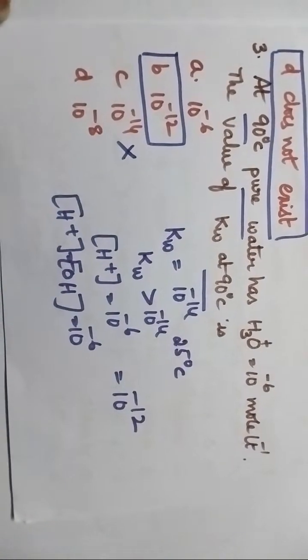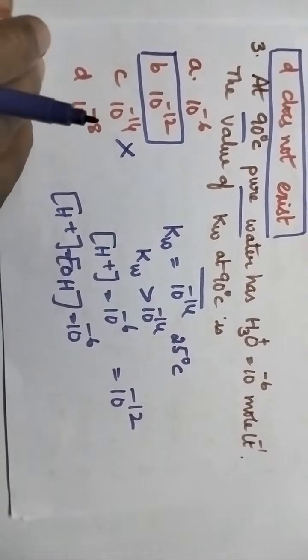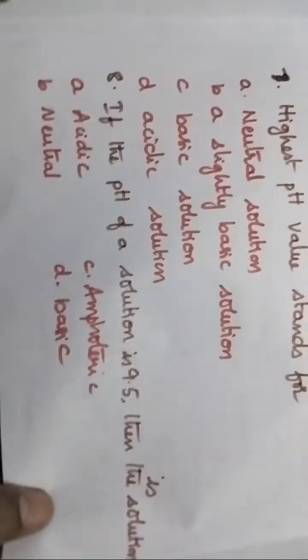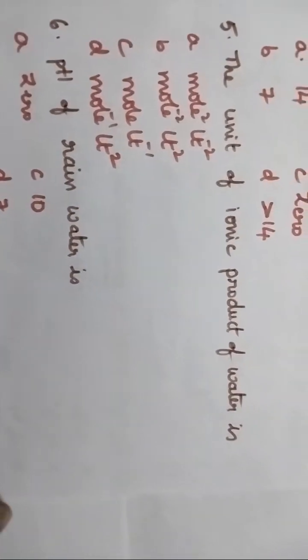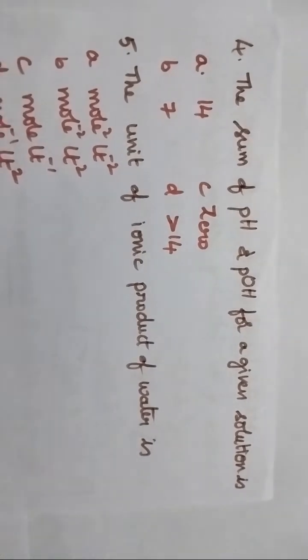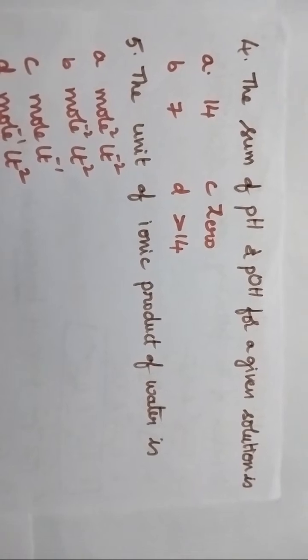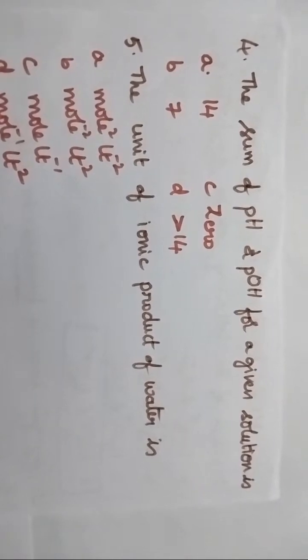Clear? Suhani, very good. Whenever H plus ions are present in water, they associate with water and become H3O plus. In that way also you have to think. Clear? And remember one thing, in pure water the H plus ion concentration is equal to the OH minus ion concentration.